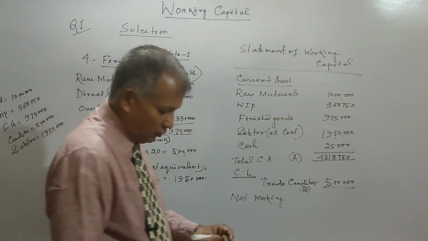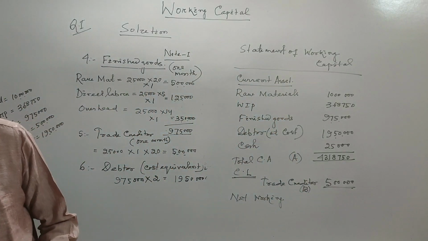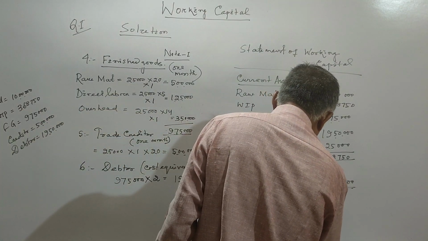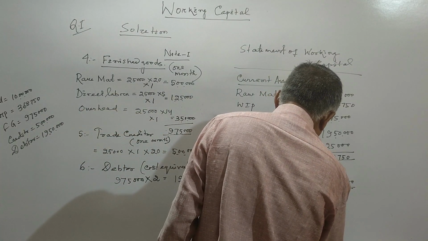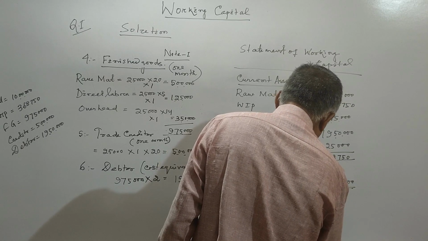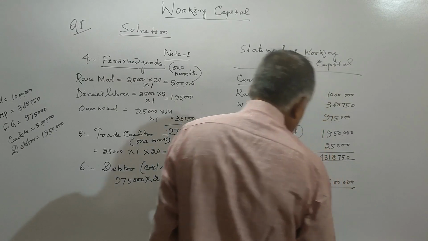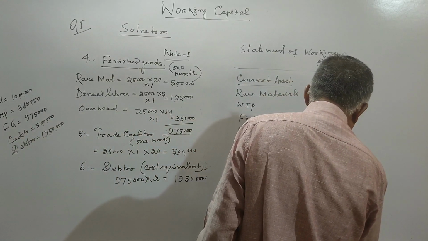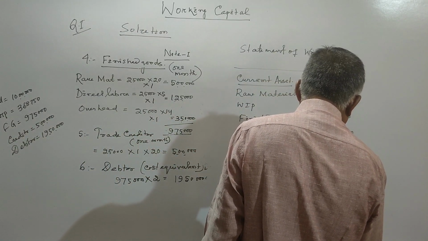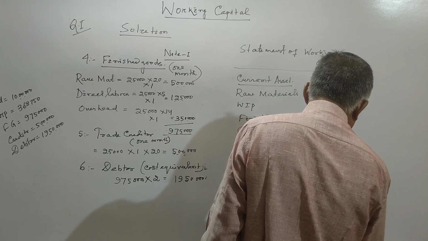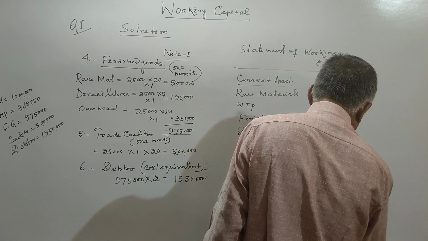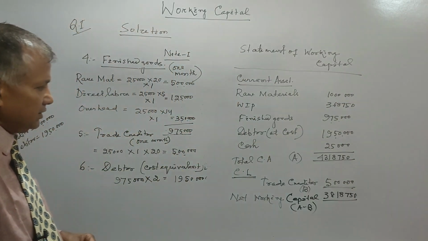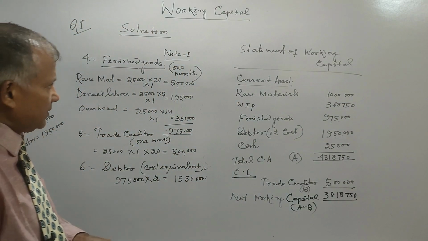Net working capital, that is A minus B. This will be 38,18,750.